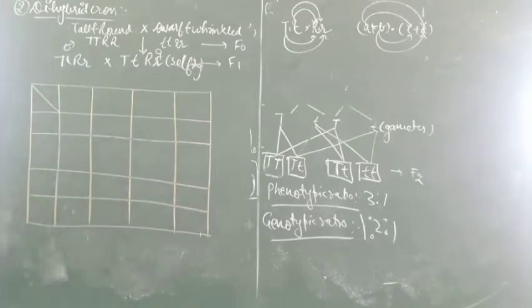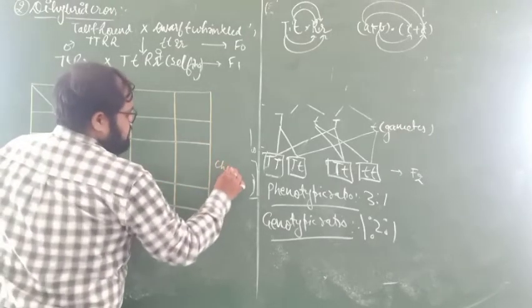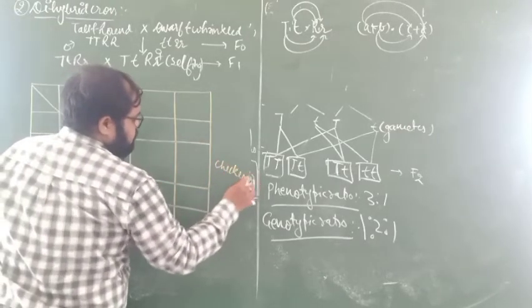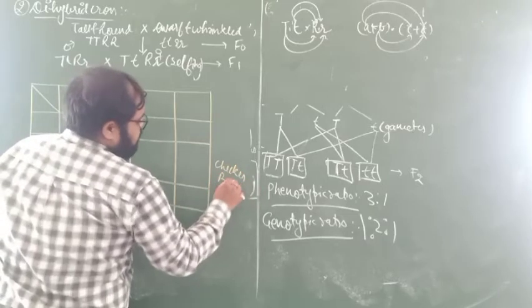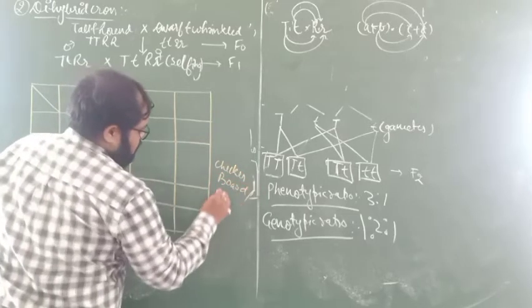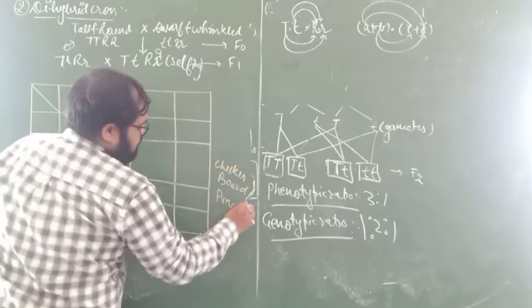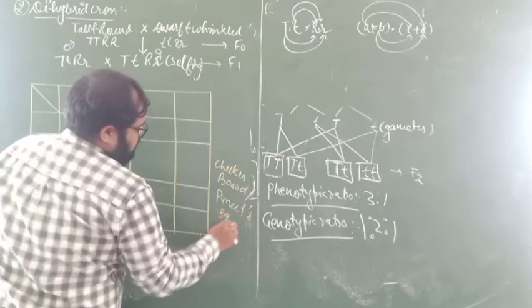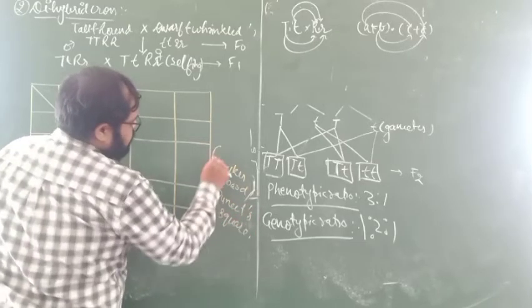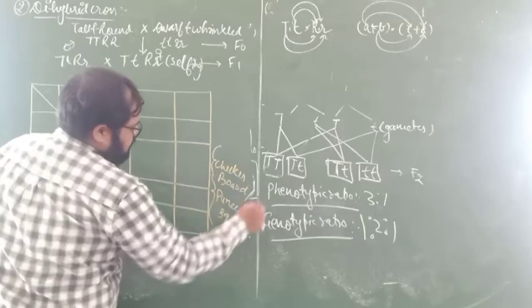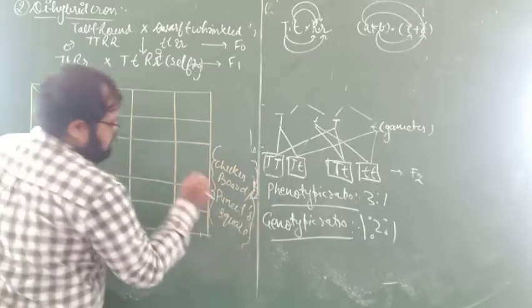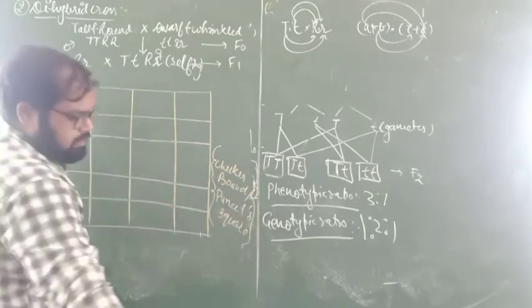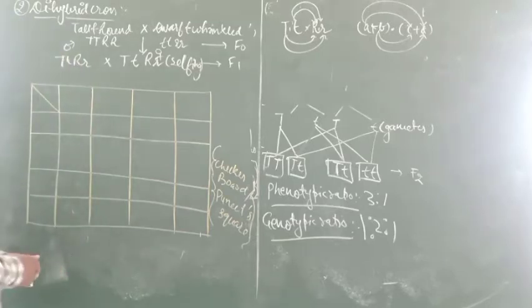Suppose that this is the board. This is called a checkerboard, or Punnett square, because first of all the scientist called Punnett described that one.